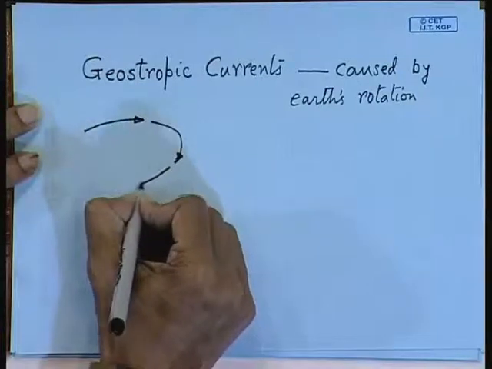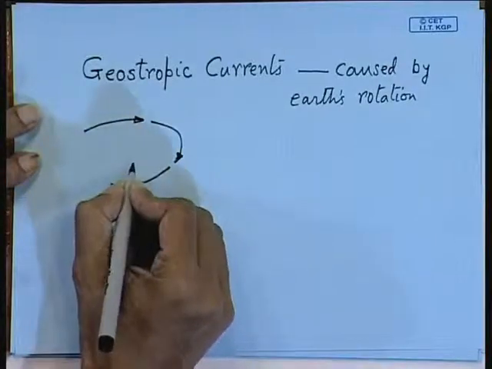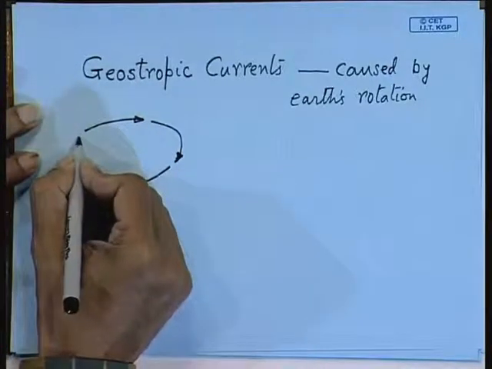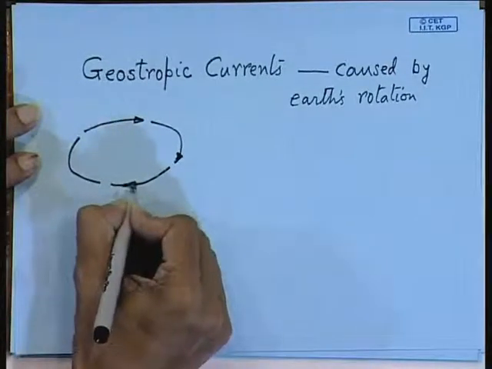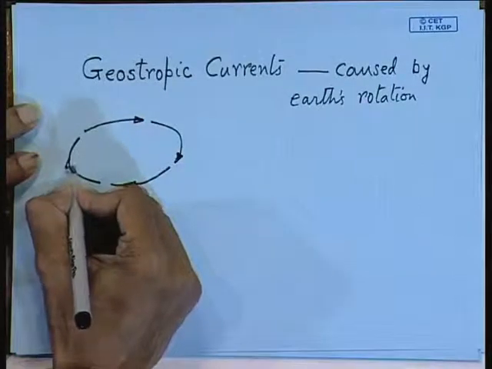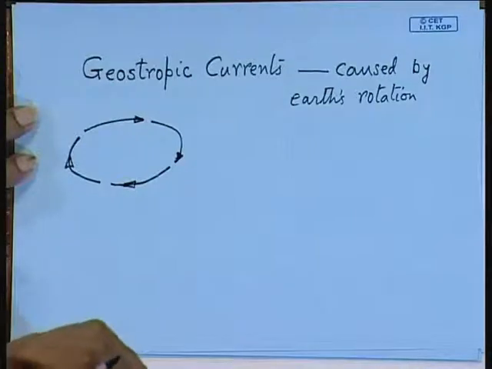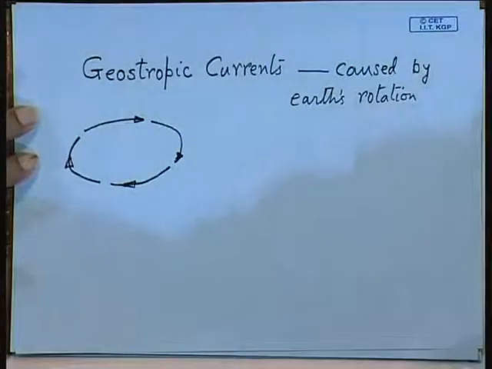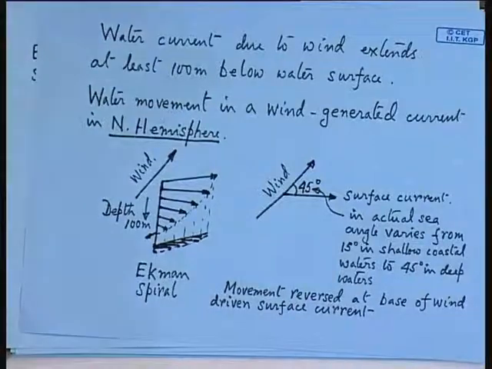Say a wind gyre has been formed in the northern hemisphere. So, in this direction, what is the direction of net water transport? You write surface current is there, your net water transport will be perpendicular to the direction of wind.